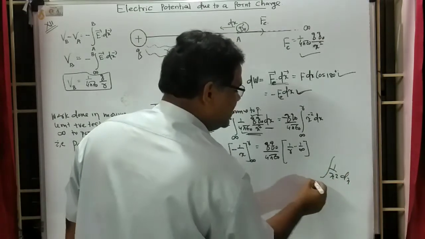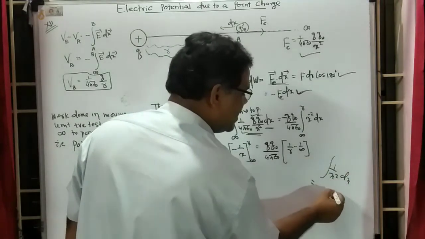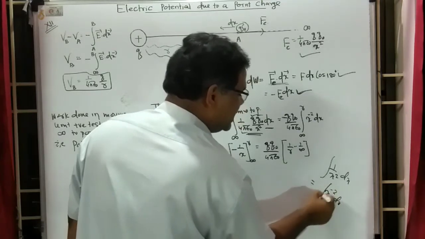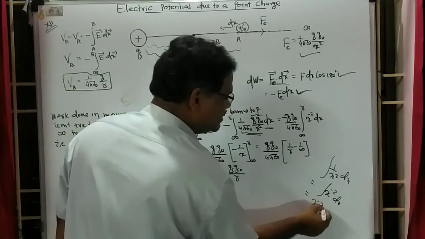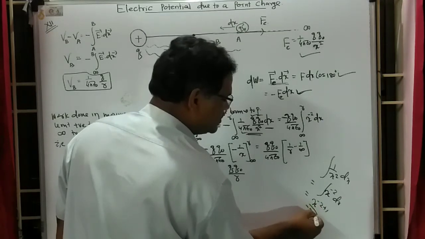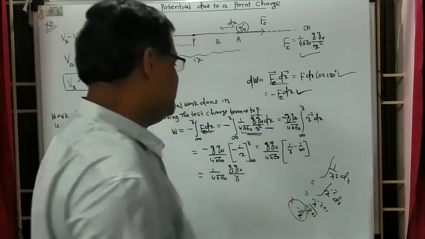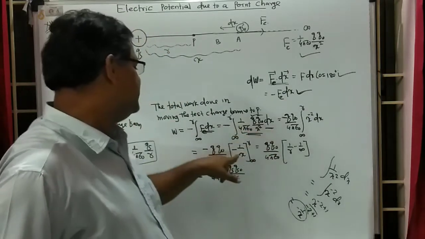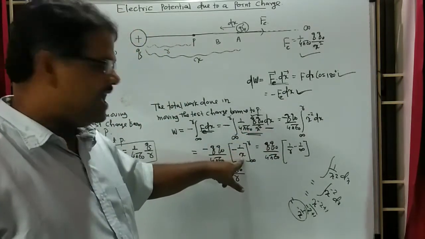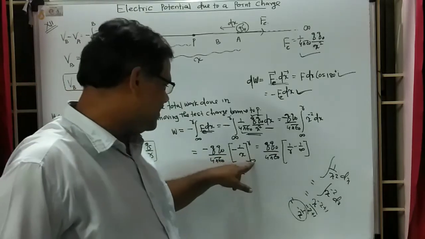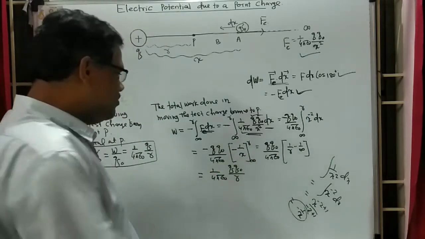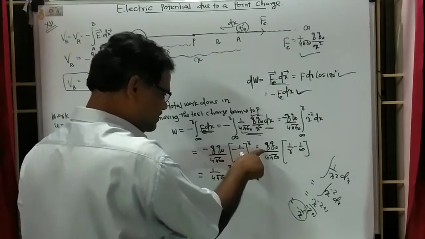So that integration is x to the power minus 2 dx, which gives x to the power minus 2 plus 1 by minus 2 plus 1, that is equal to minus 1 upon x. I have directly written it is minus 1 upon x, and the limit is taken from infinity to r. This minus becomes plus.